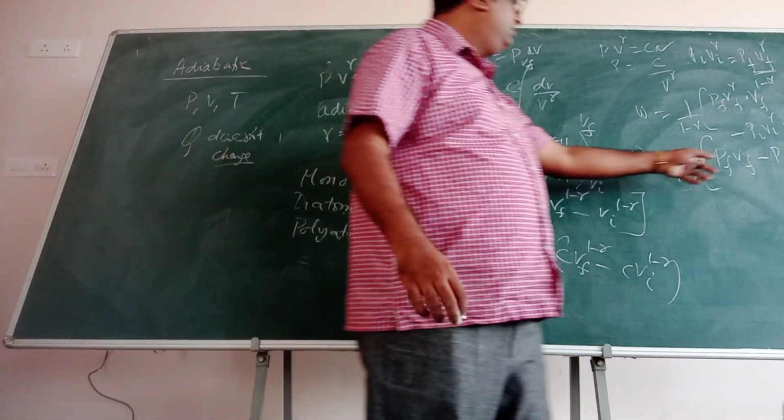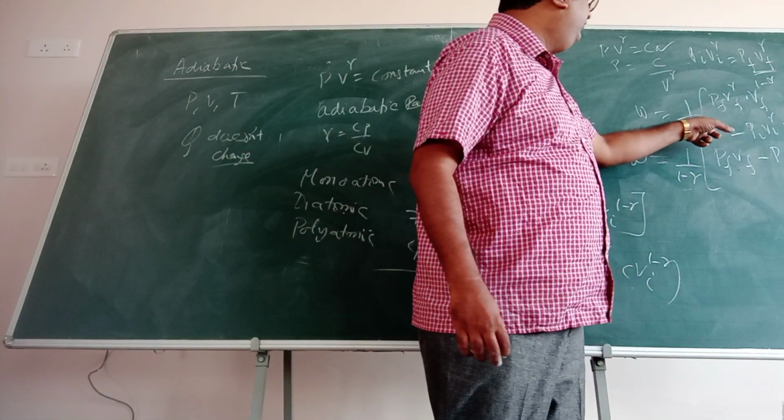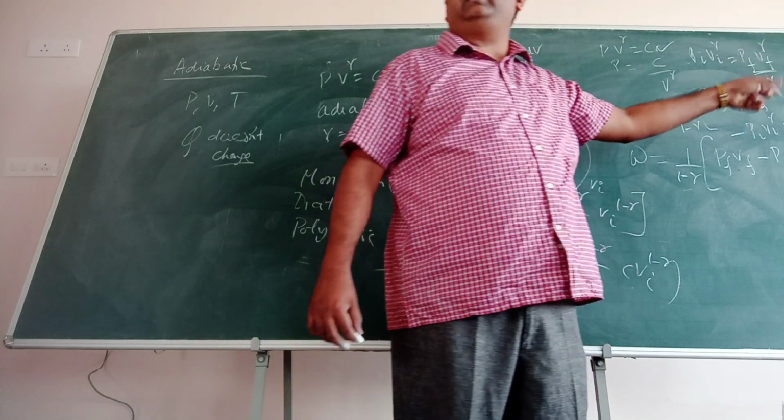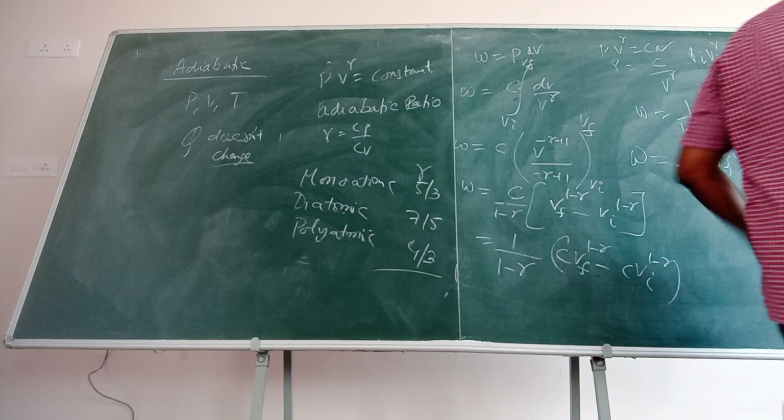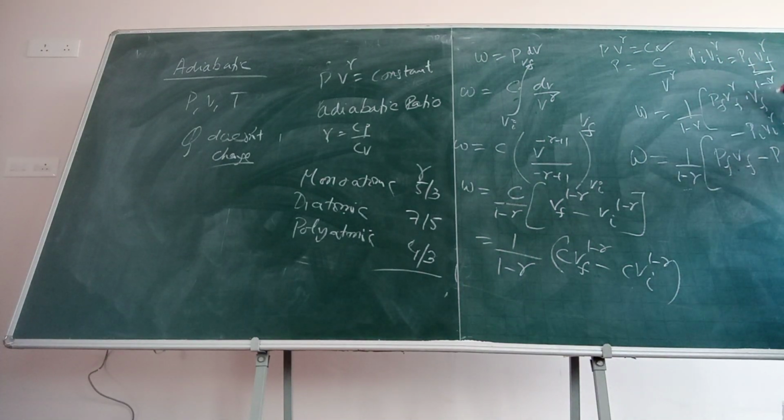Pf Vf. Why did I get Vf? Vf multiplied by Vf to the power of 1 minus gamma. Look at this, Vf is common, so I can write Vf to the power of gamma plus 1 minus gamma. Gamma cancelled. Same base, different powers.